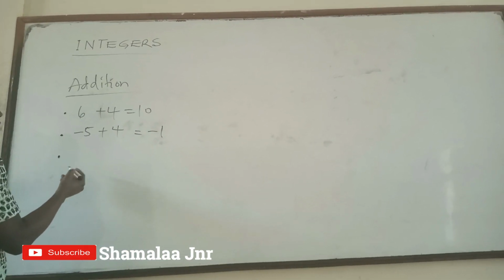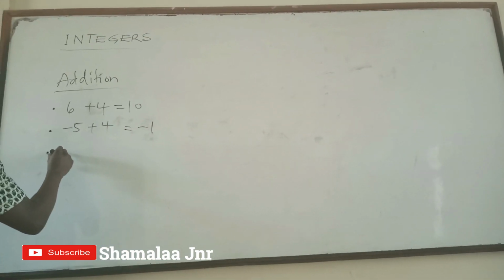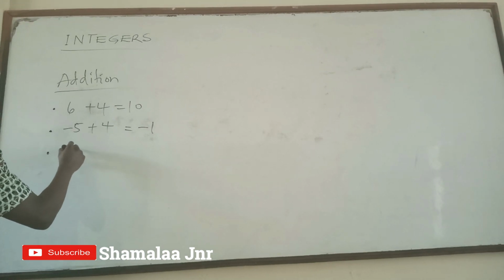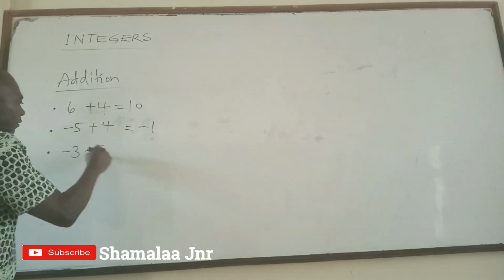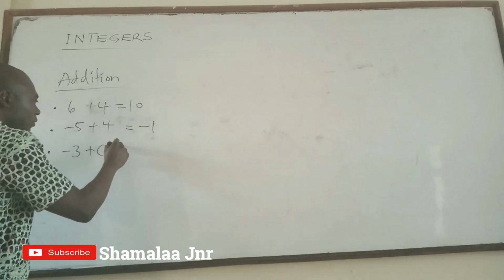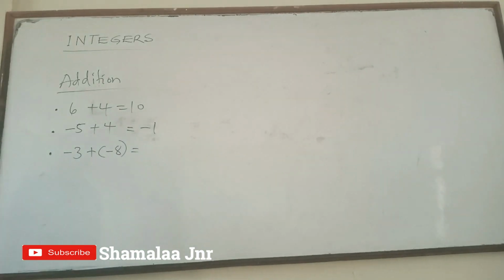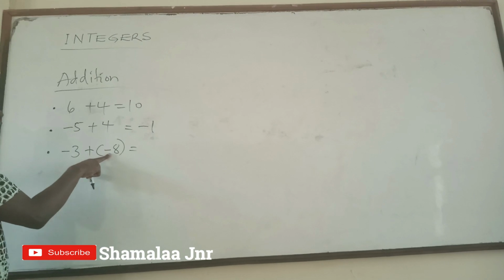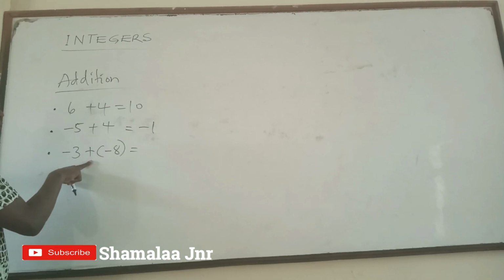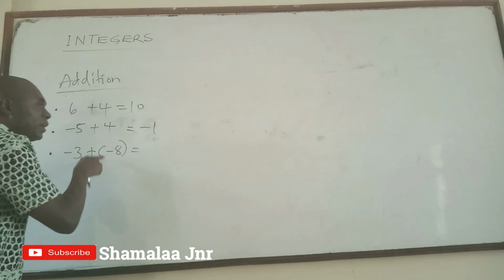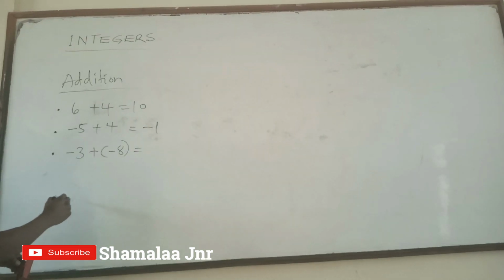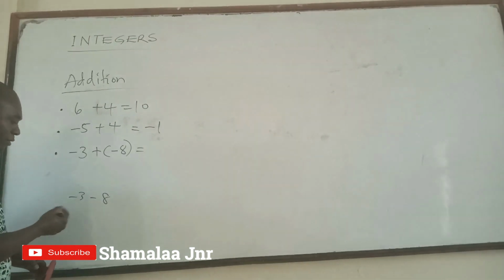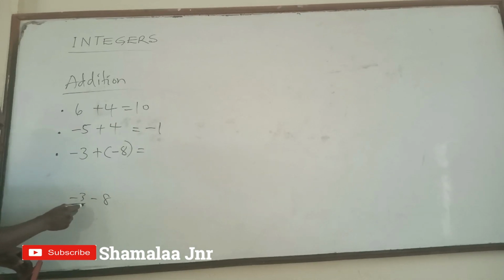Now another one, you can have something like negative 3 plus negative 8. When you have something like this, negative is stronger than positive. So this one is reducing to negative 3 minus 8. Negative 3 minus 8 means that you are owing somebody 3 cedis.